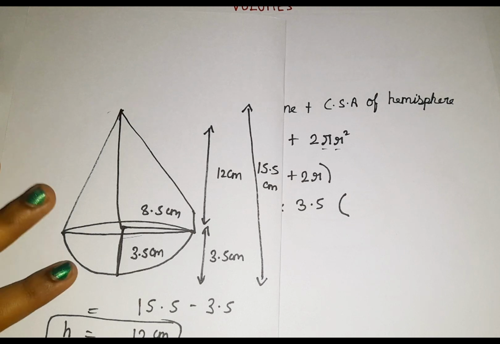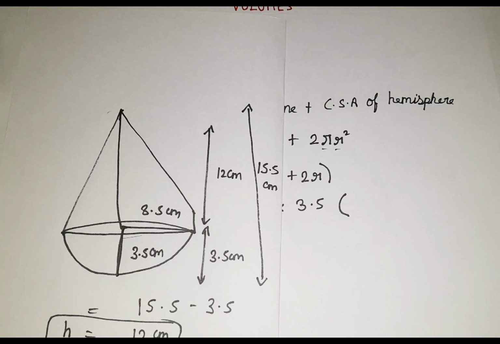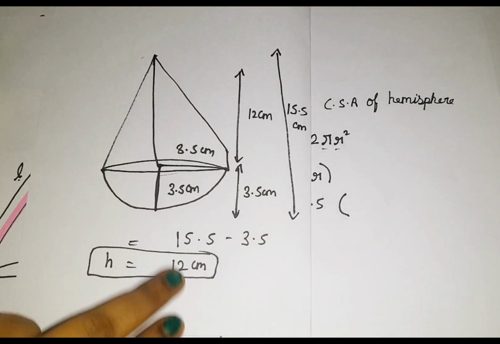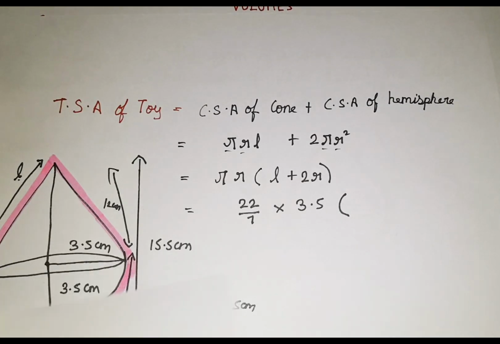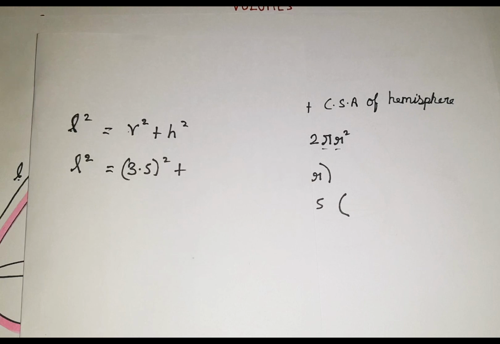Remember guys, a hemisphere doesn't have a height, length, breadth, nothing. It has radius as well as pi. Pi value is 22 by 7, otherwise 3.14. Since you guys know that, now we can solve it. The height is 12 centimeter, so now we can apply the height value in this particular formula.